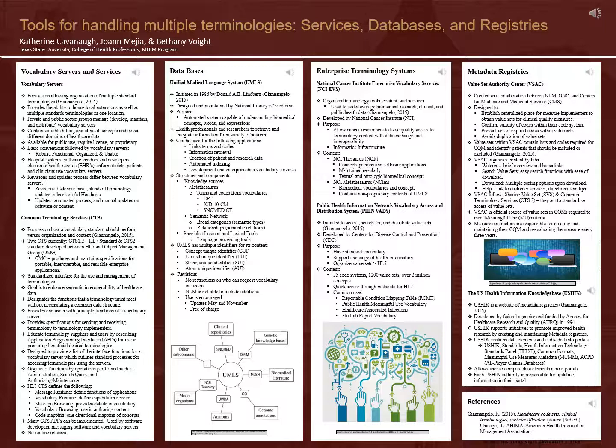Guidelines given by HL7 CTS define HL7 message runtime, which in itself defines functions of applications, vocabulary runtime that defines capabilities needed, message browsing, which provides details in vocabulary, vocabulary browsing, which is used in authoring content, and lastly, code mapping, which is one-directional mapping of concepts.